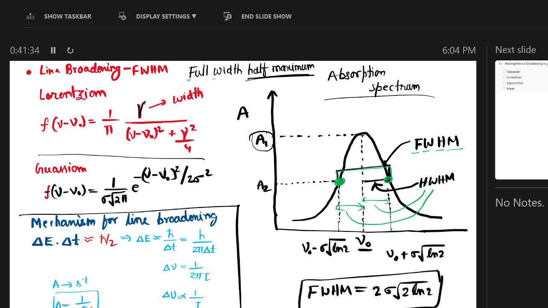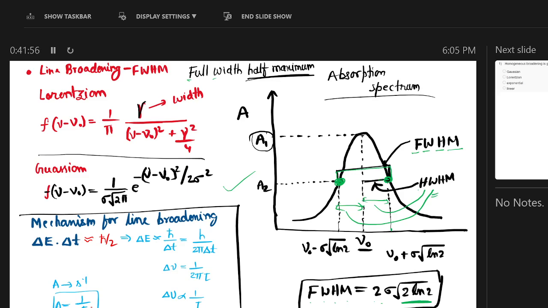In the lecture slide, the professor solved these equations to get this full width half maximum. He got 2 sigma under root 2 ln 2. So this is your full. So what will be your half?